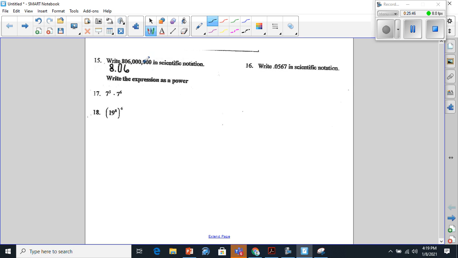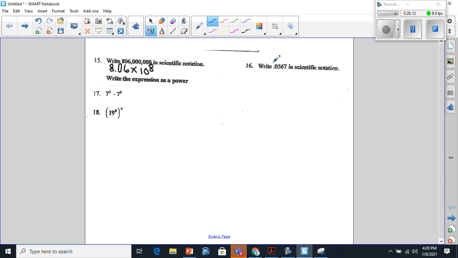And now we have to count how many places we moved over to get that decimal there. That's 3, 6, 7, 8. So that would be times 10, and let's see, we're going to have to say to the 8th power. That tells me when I undo this, I have to move it 8 in the other direction.